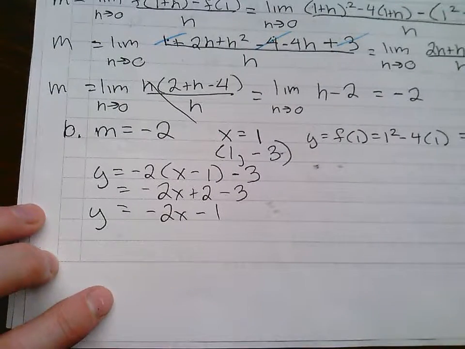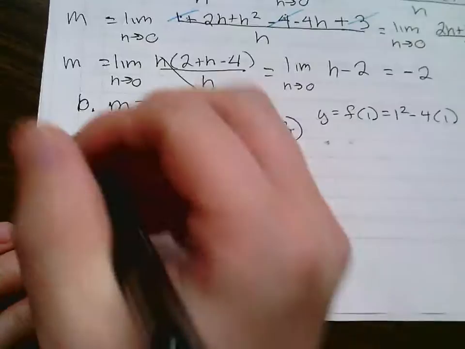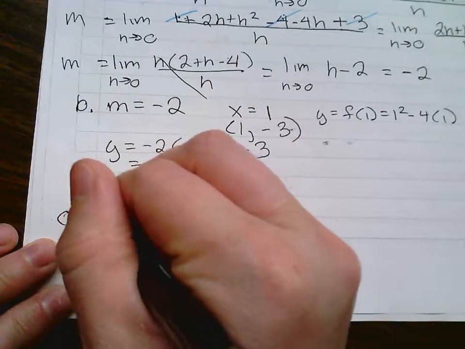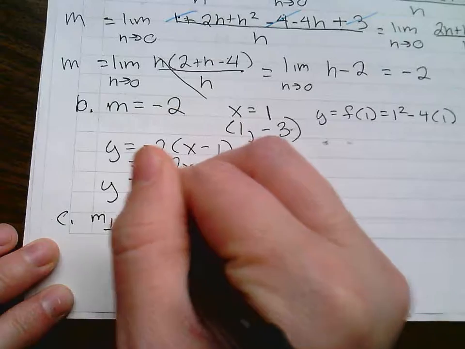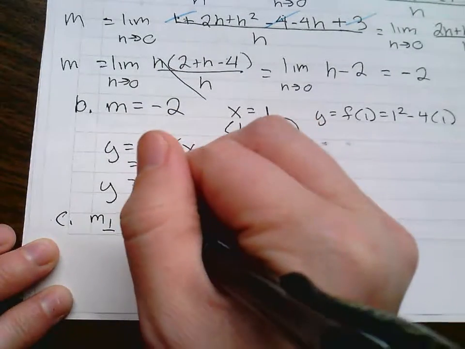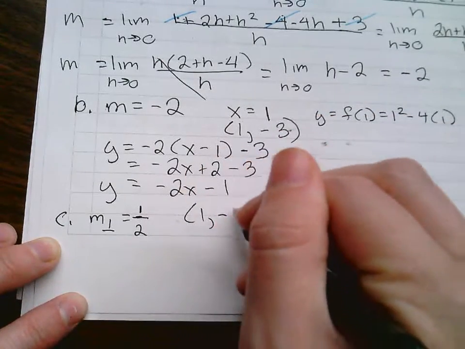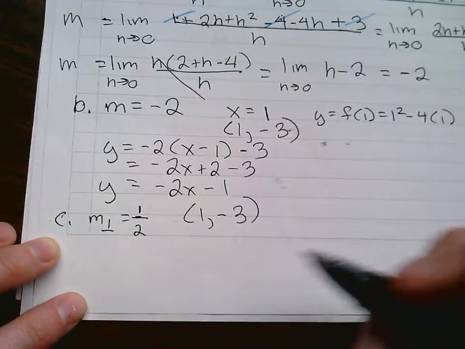Now we're going to find our normal line. Our normal line is just our perpendicular line. So my perpendicular slope is going to be positive 1/2. And our point doesn't change, 1, negative 3. Point slope form again.